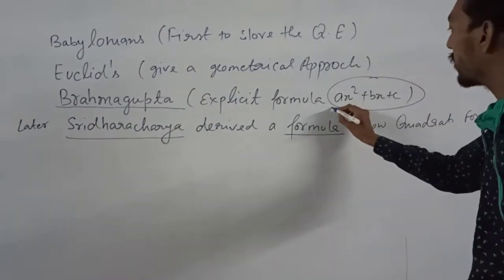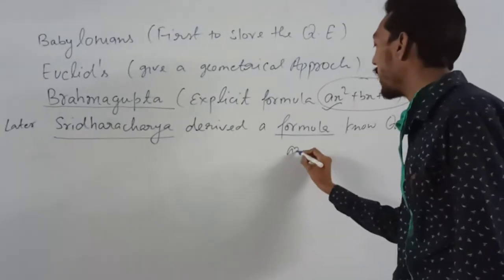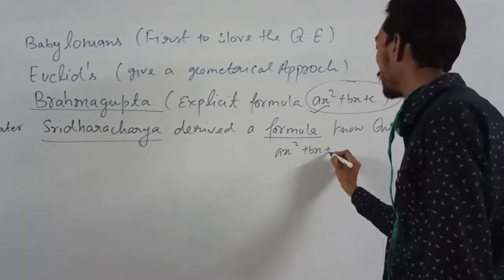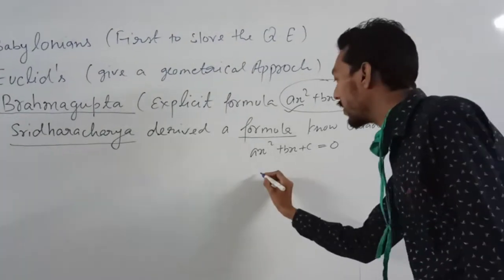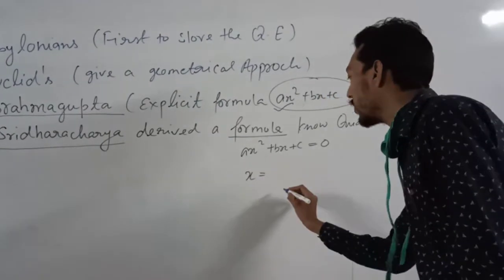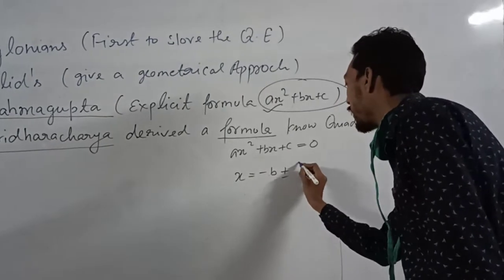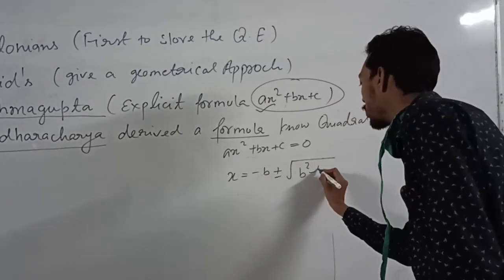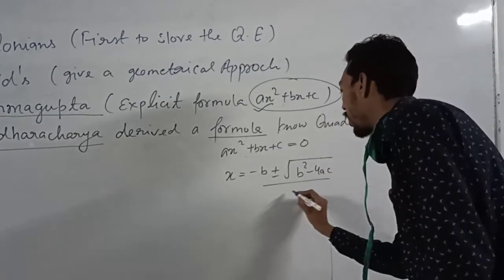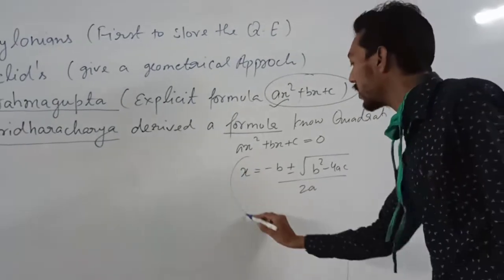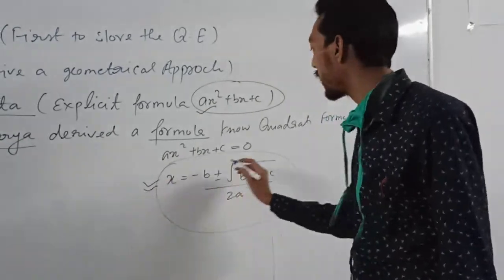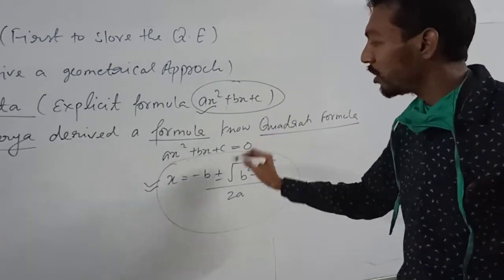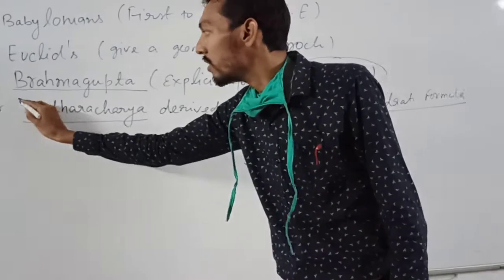He used Brahmagupta's standard form ax square plus bx plus c equals 0 and then gave a formula for x: minus b plus or minus under root b square minus 4ac, upon 2a. This is a very important formula, also known as the quadratic formula. This formula was given by Sridharacharya.